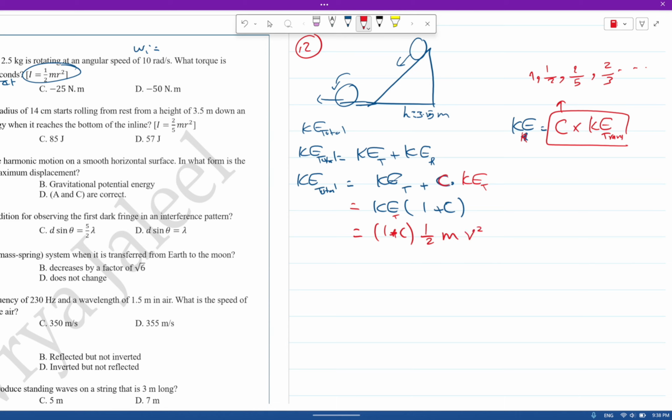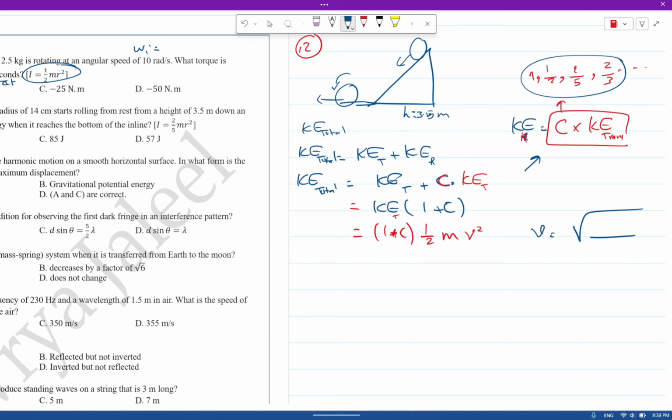All right, but look, we don't have the velocity at the bottom of the incline. Well, can we find that? Absolutely, yes. So that is the first thing you need to know, right? This works, of course, with all these shapes that I have written their fractions or factors for. All right, now how do you find the velocity at the bottom of the incline? Once again, you don't have to memorize anything.